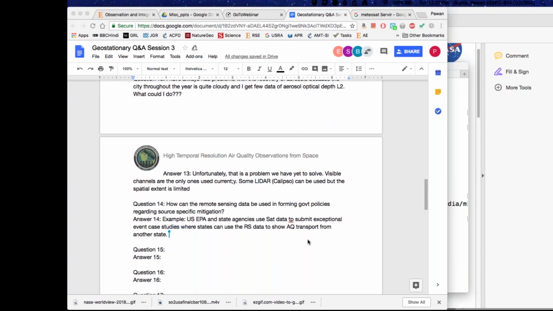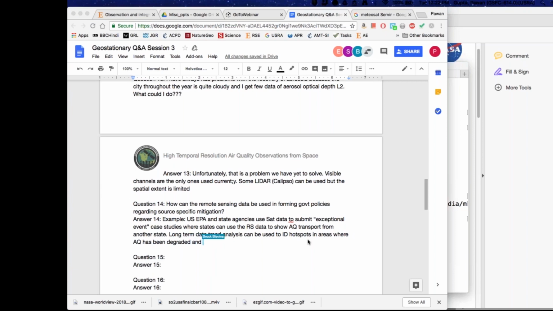Also, based on long-term data available from the satellite, in places where we do not have any ground measurement, we can perform a long-term trend analysis and identify hot spots in specific countries or regions where air quality has been degrading or improving, and that can be used as a source of information while forming policies.